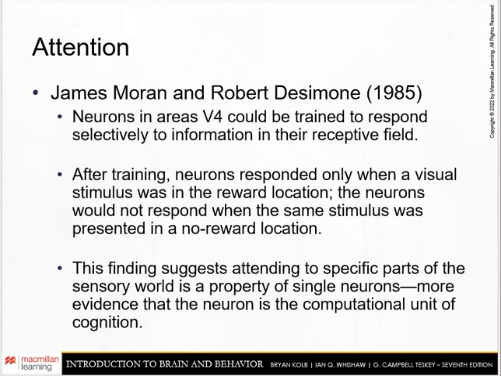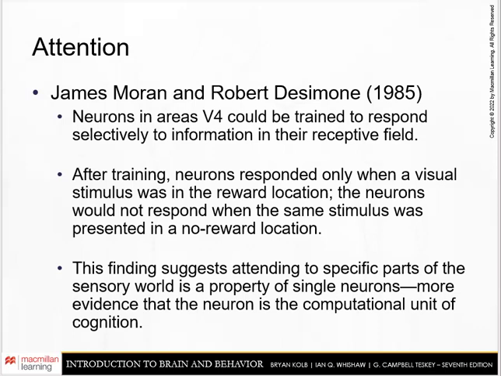After training, neurons responded only when a visual stimulus was in the reward location. The neurons would not respond when the same stimulus was presented in a no reward location. This finding suggests that attending to specific parts of the sensory world is a property of single neurons, and there's more evidence that the neuron is the computational unit of cognition.